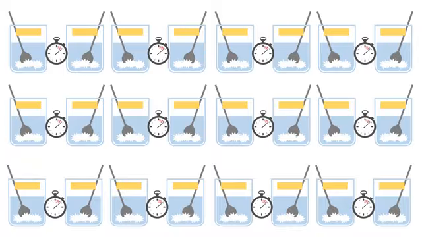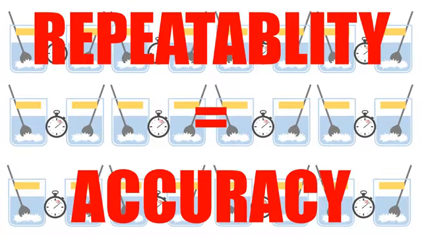Remember, with experimentation and with science, being able to repeat the experiments and get the same results each time makes your results more reliable. Repeatability equals accuracy.